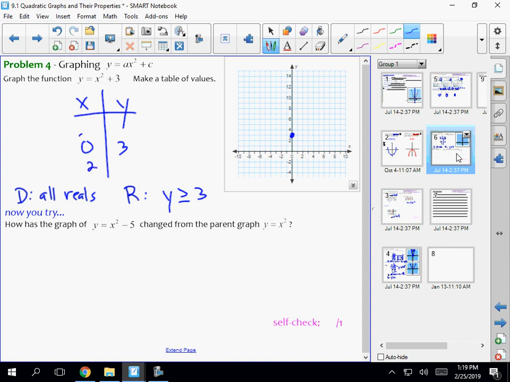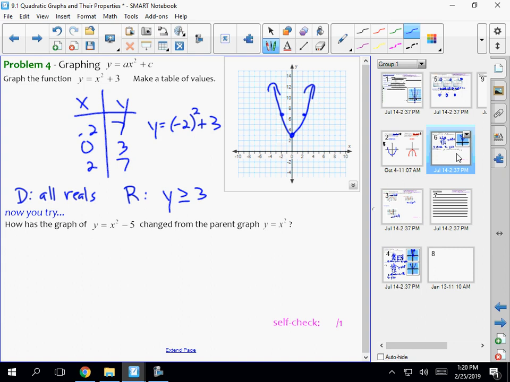So -2 squared, should have put it in parentheses, so you end up with a +4 plus 3 gives me 7. And so I have (-2, 7) up here, and (2, 7) right here. And then we draw in our parabola.